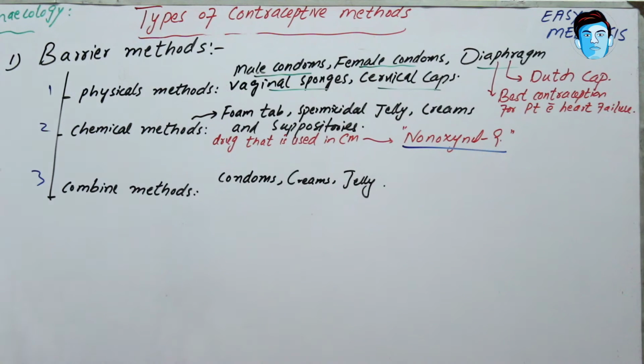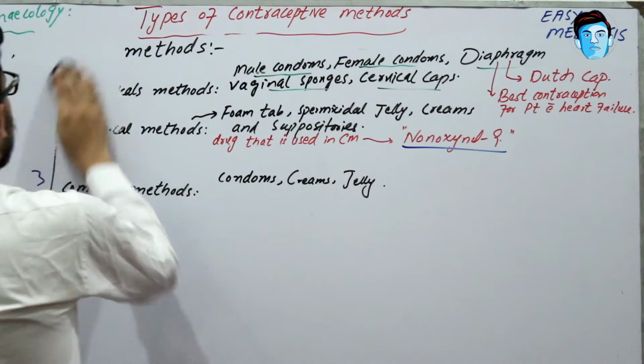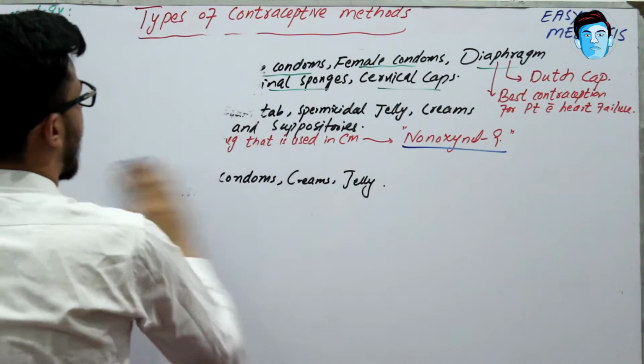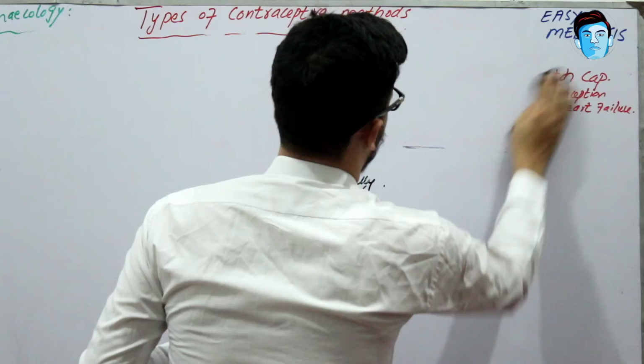So let's talk about another method of contraception, that is called IUCD, which is called intrauterine contraceptive devices.